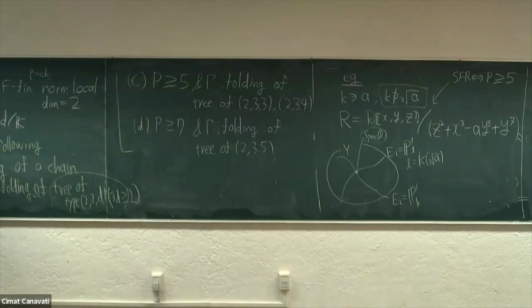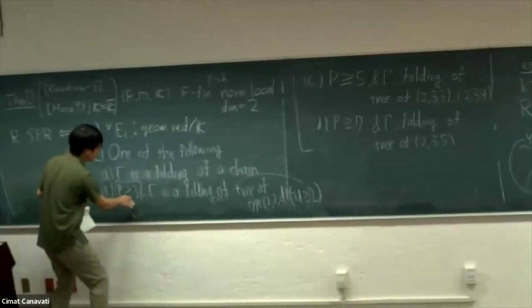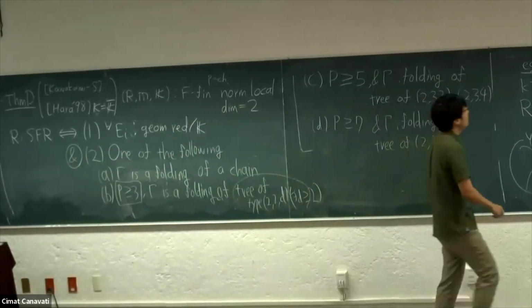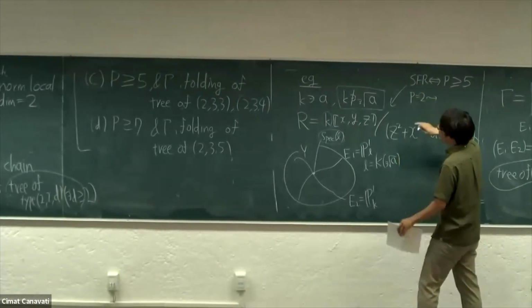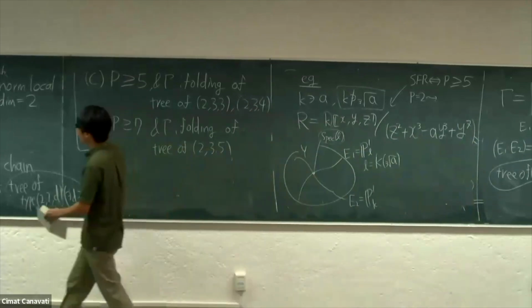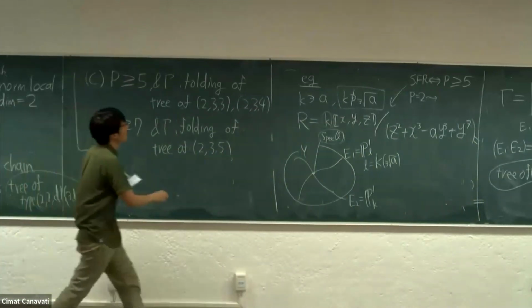Here we only assume p is not 2, but if p is 2, then this is not strongly regular by this condition.